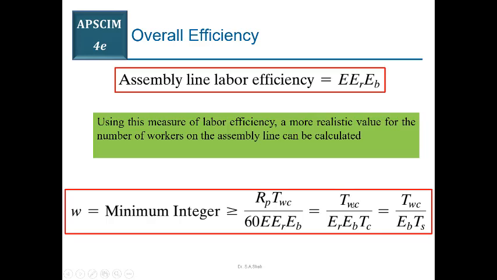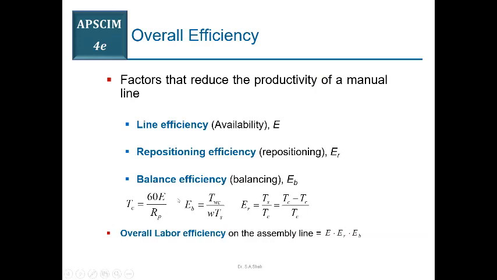So W is simply TWC divided by TC, but the repositioning and balance efficiency, if they are there, you have to multiply the TC with those values also. And TC को भी in terms of, अगर आप जो production rate वाला formula है, this one, you can find E and then you can put in this value.